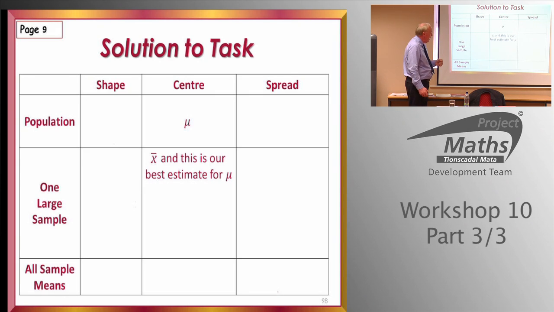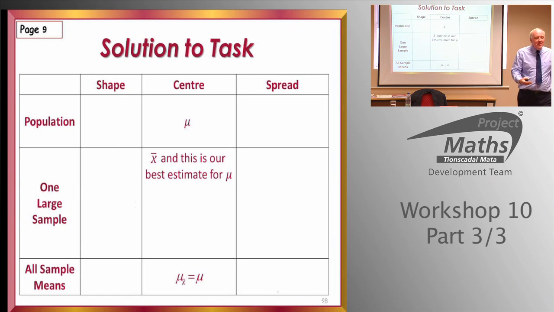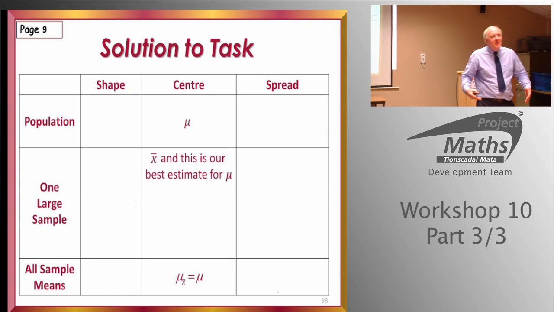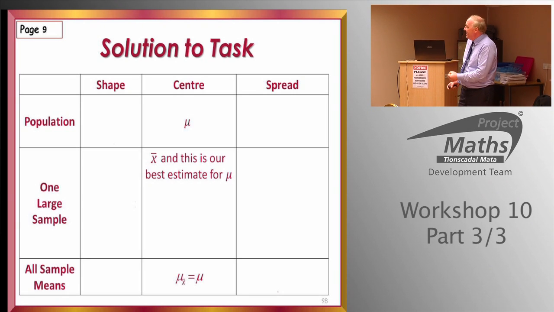That's a population parameter. And if I took all the sample means, and this is theory really, the center there would be mu also, written as mu x bar. The mean of all the sample means would have to be the population mean. Does that make sense? So there's our center.